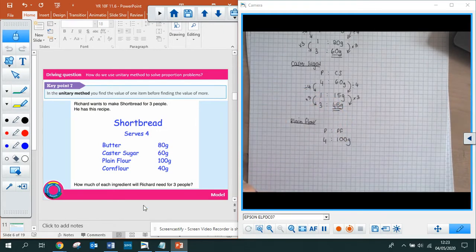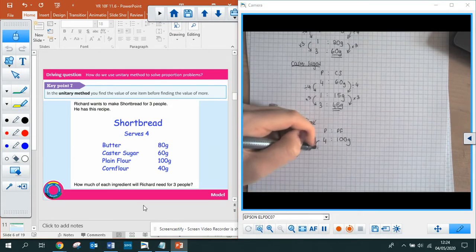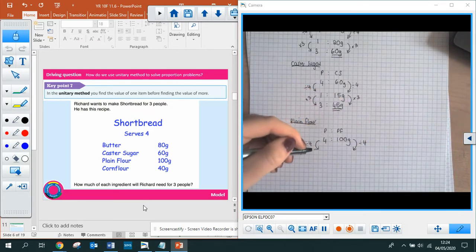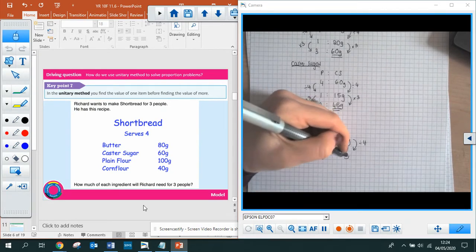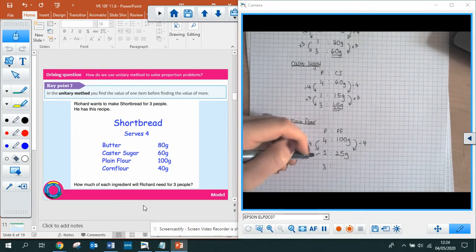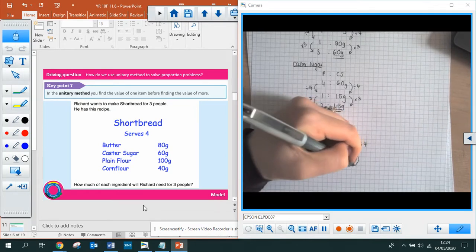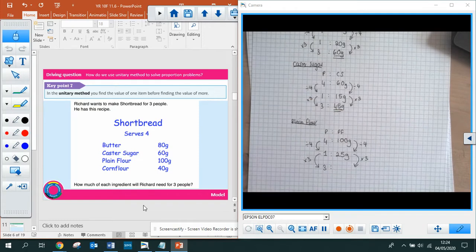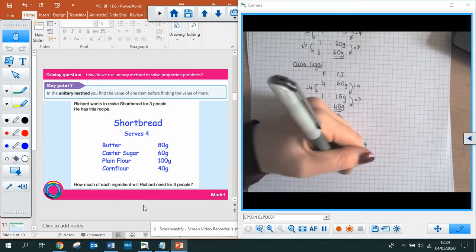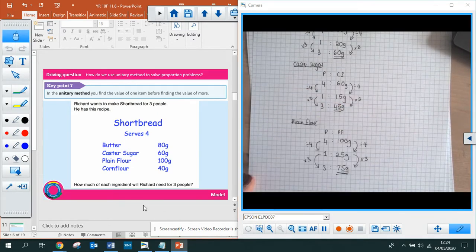To find out what it is for 1 person, I divide both sides by 4. 4 divided by 4 is 1. 100 grams divided by 4 is 25 grams. Therefore, I need 25 grams of plain flour per person. I want to know what I need for 3 people, so I multiply both sides by 3. 25 grams multiplied by 3 is 75 grams. Therefore, I'm going to need 75 grams of plain flour.